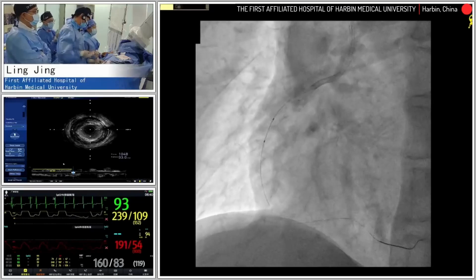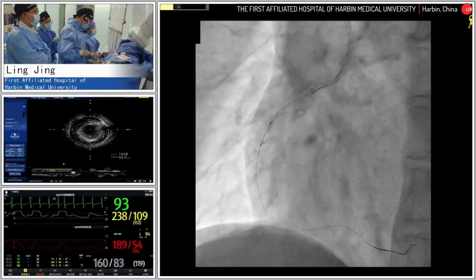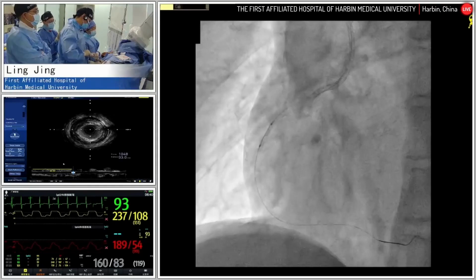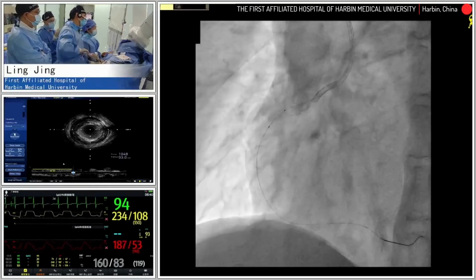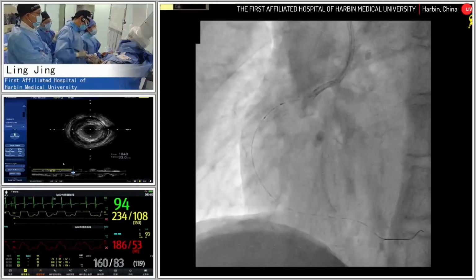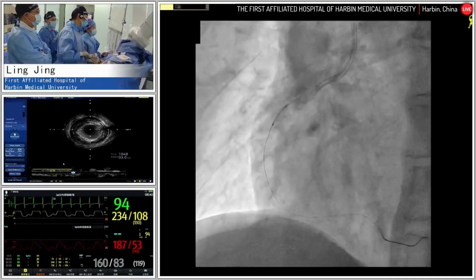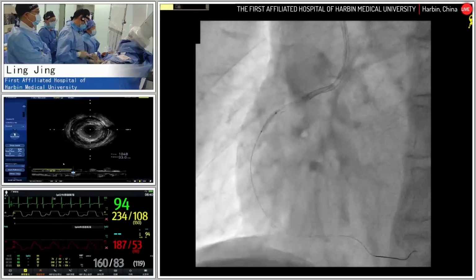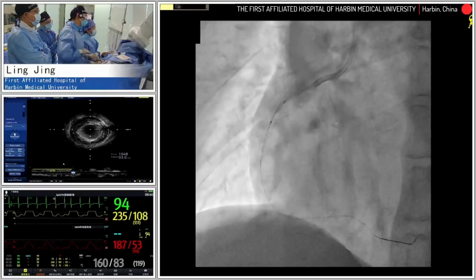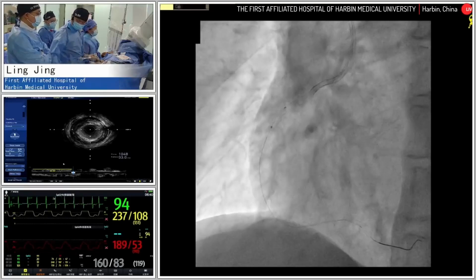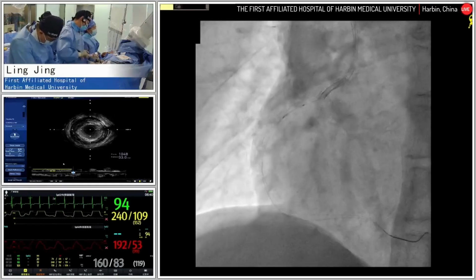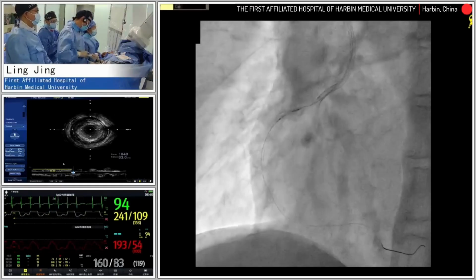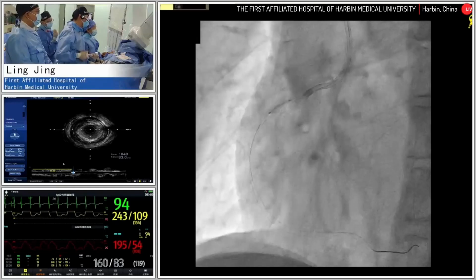And you notice that we are using a guiding catheter, not an angio catheter, for the left coronary artery. And also there is a wire in the circumflex as backup for potential risk if something happens in the left coronary artery. So a wire in the circumflex in this case is potentially very important.